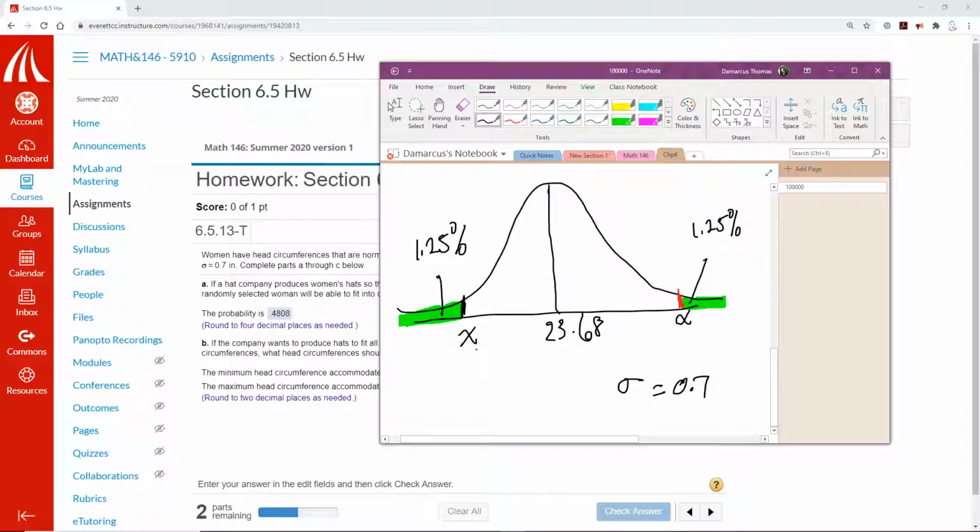I'll call this X min. I'll call this X max. So what is the value that's going to give me the lowest 1.25%? What we're going to do is use inverse norm of this area. You have to convert this to a decimal, 0.0125, then the mean and the deviation, 0.7. Let's do it.